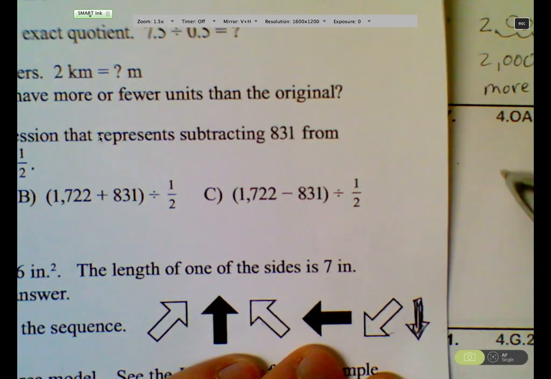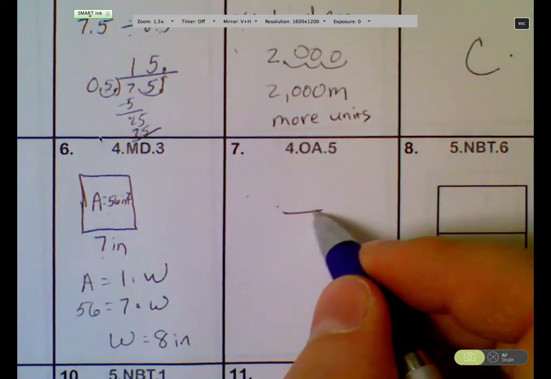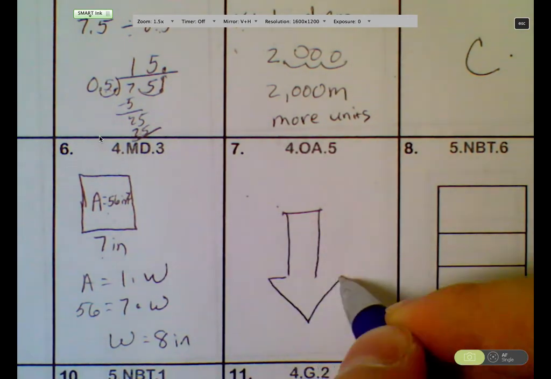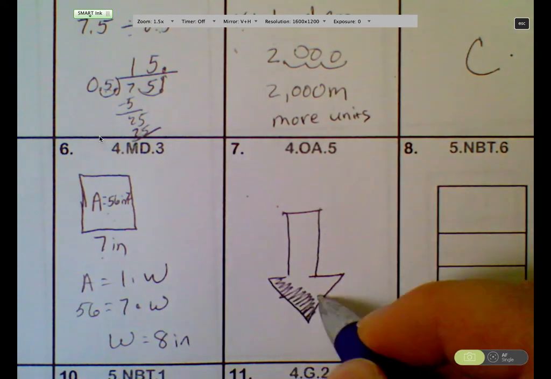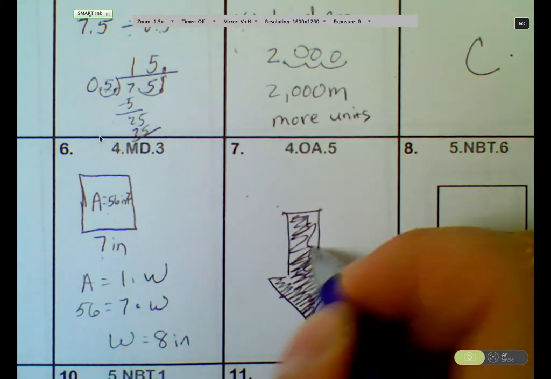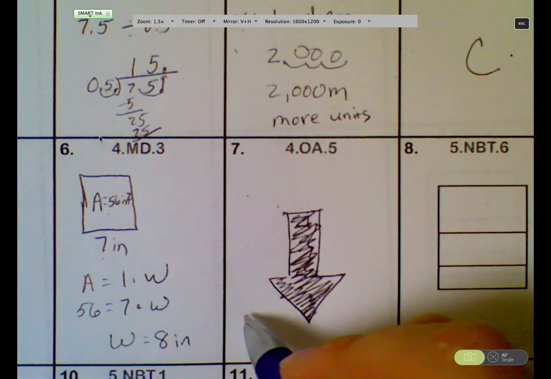Alright, so I'll have to come back over here to my answer sheet, and I have my arrow. Don't be alarmed, I know we're not all great drawers like me. You'll get it someday. Shade it in, it's pointing down, and then you have to explain what's happening.